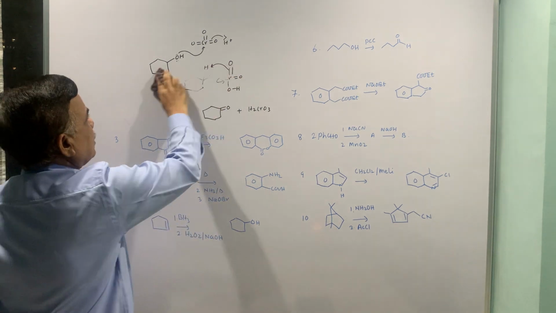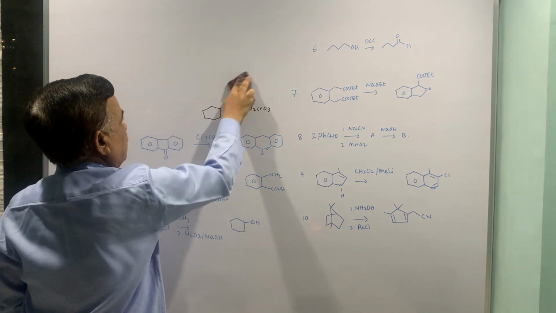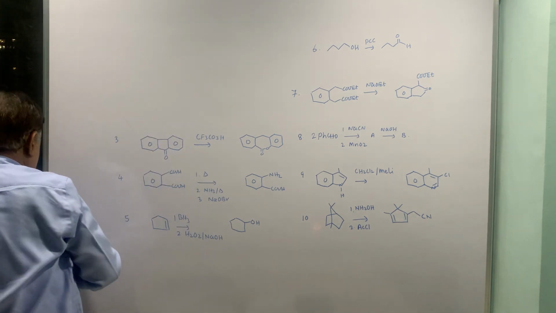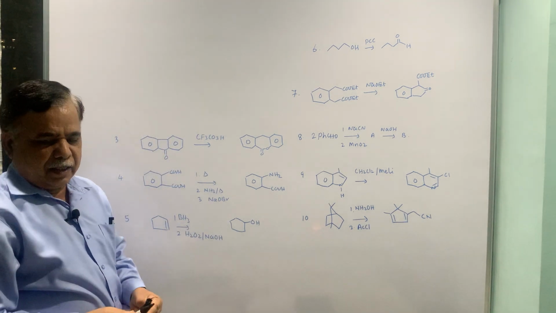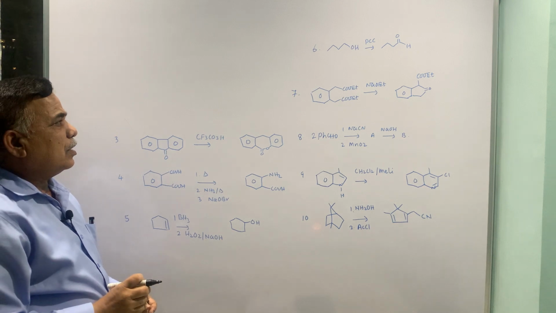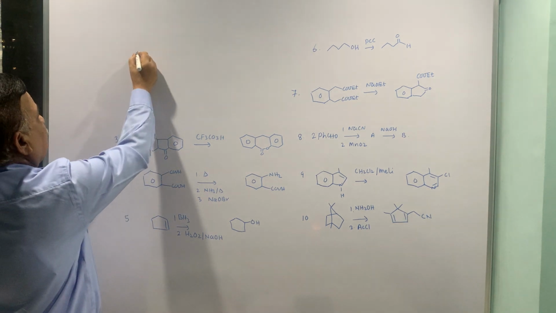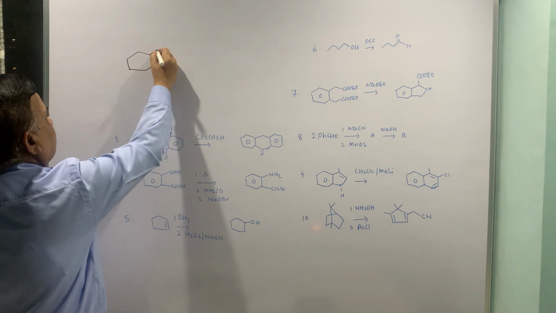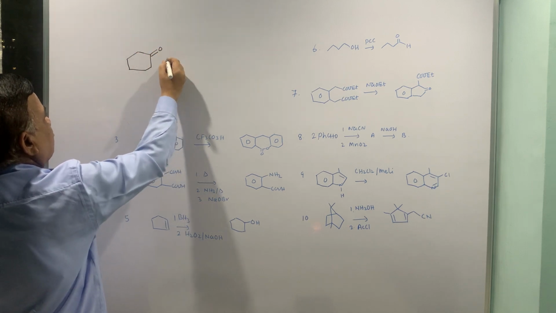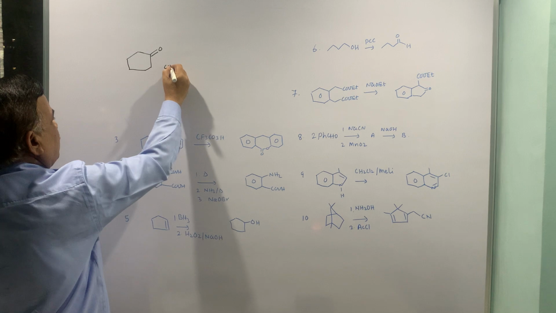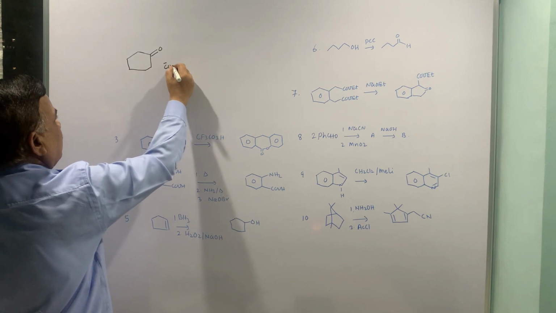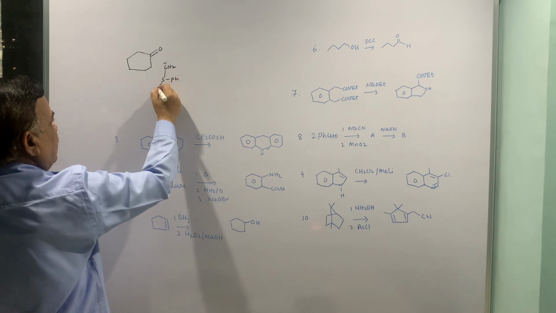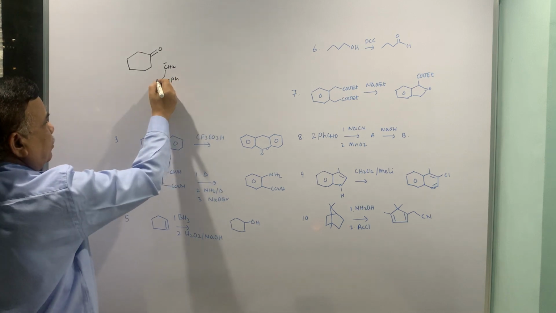The second half is this ketone is supposed to react with the sulfonium ylide, and as you recollect, sulfonium ylides when they interact with ketones, they will form epoxide. CH2 minus and SPh2 plus.